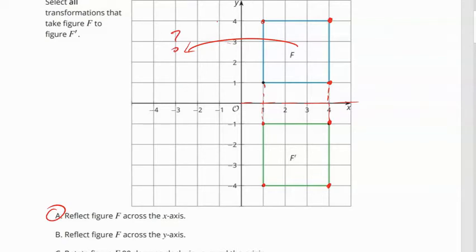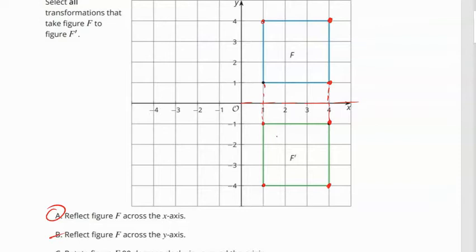If we reflect across the y-axis, all your vertices would reflect over here somewhere. That's not where we are. That's not where we're trying to map onto. So that would not work. And that's a no. So B is definitely a no-go.